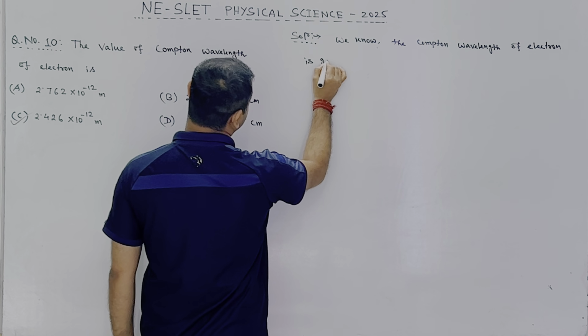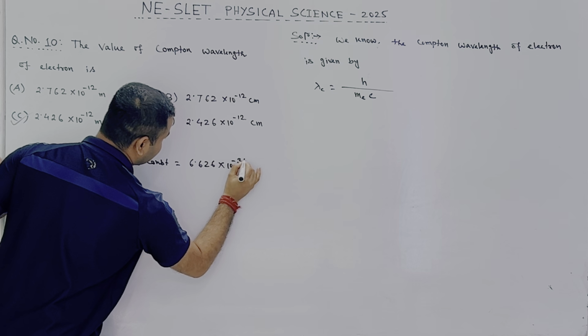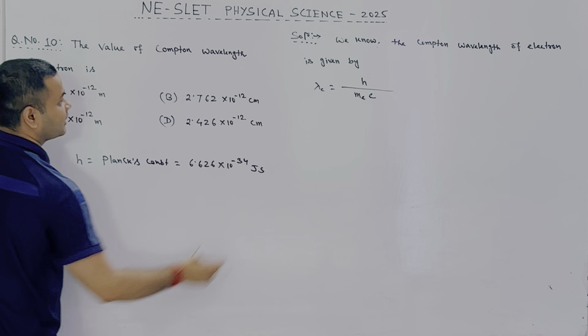So here h is the Planck constant, and its value is 6.626 into 10 to the power minus 34 joule second.